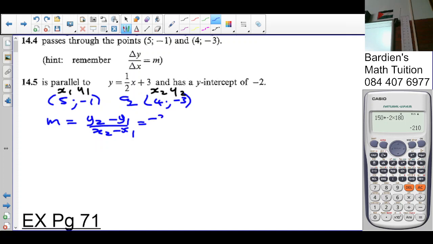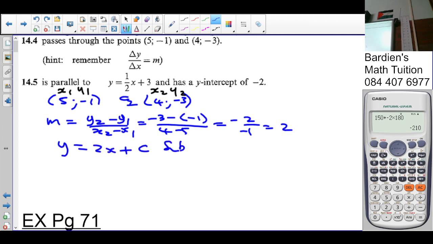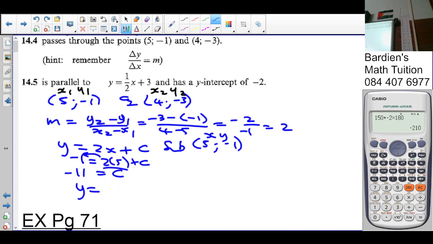So it's going to be negative 3 minus negative 1 over 4 minus 5. That's going to give you negative 2 over negative 1, which is 2. Your equation is y is equal to 2x plus c. You substitute one of the points in, an x and a y. Negative 1 is equal to 2 times 5, which is 10, plus c gives you negative 11 once you take the 10 over. So y is equal to 2x minus 11.